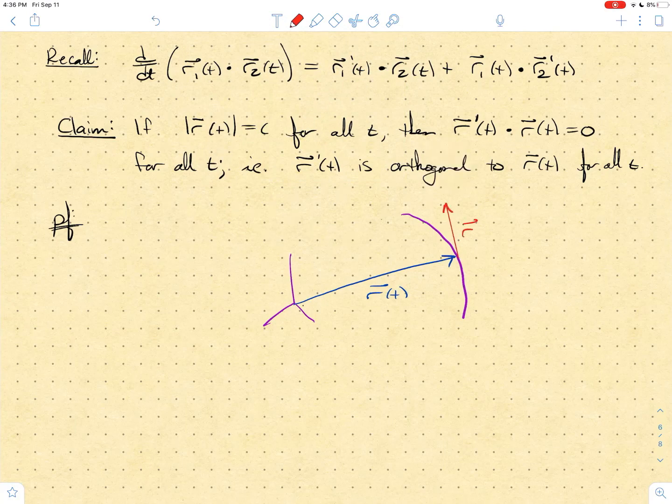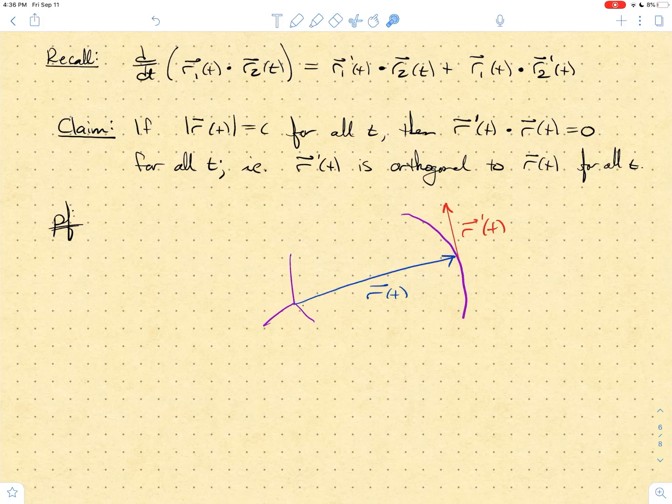Here's r prime. Maybe my length isn't right, I don't know. But you can see that the tangent vector, even with my crude drawing where it's a little bit off, the tangent vector can be orthogonal to the position vector r of t. You can be tangent to the curve, but orthogonal to the vector that's putting you on the curve, right? R of t, the tip of that vector puts you on this curve c.